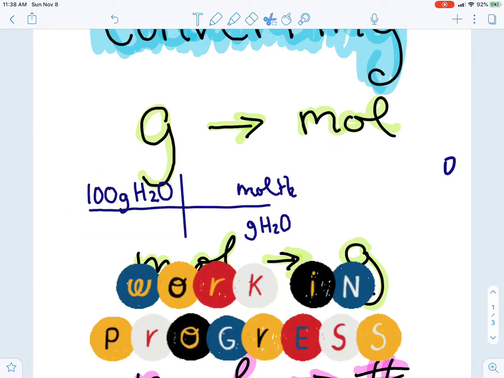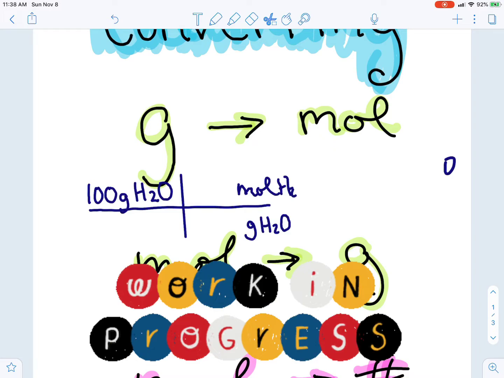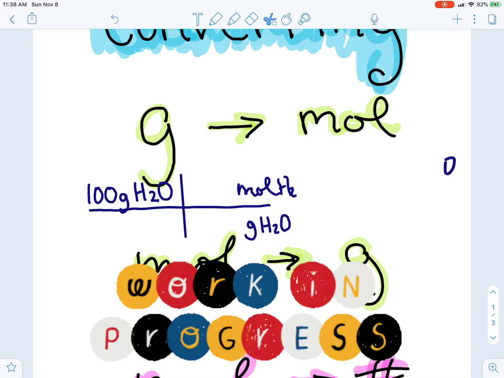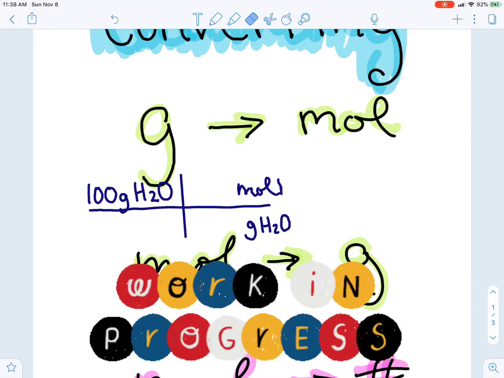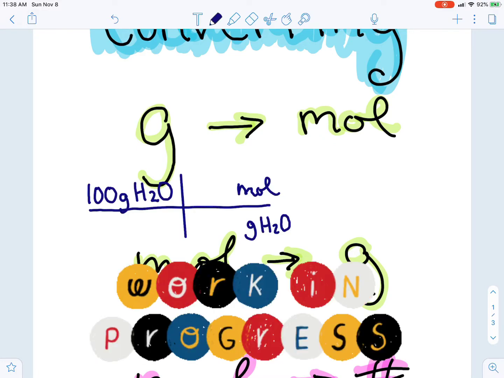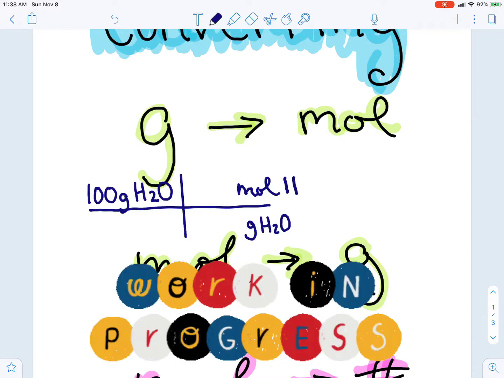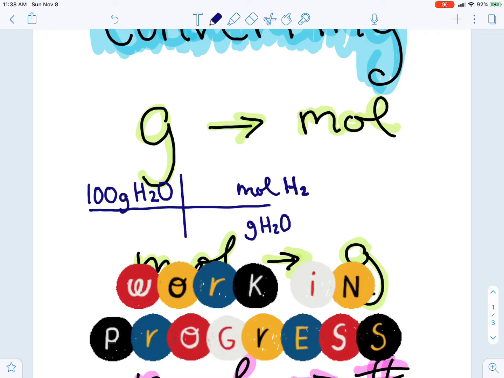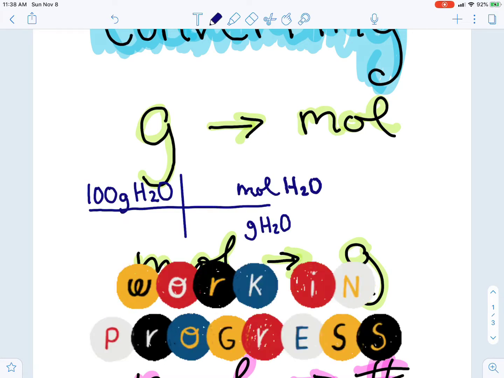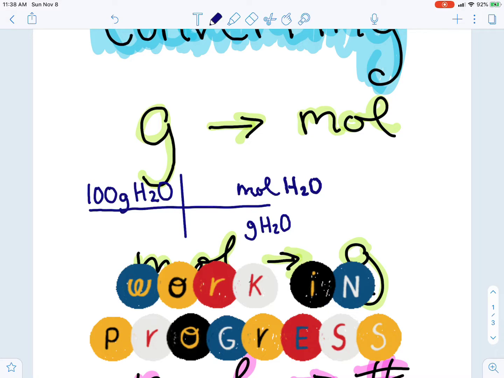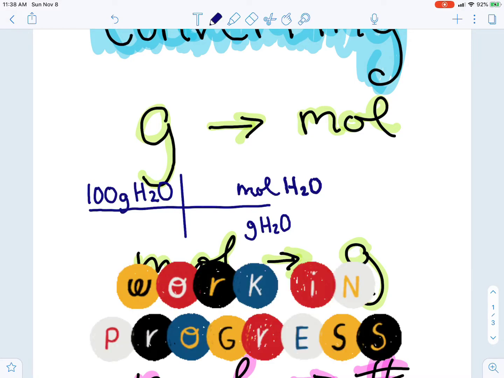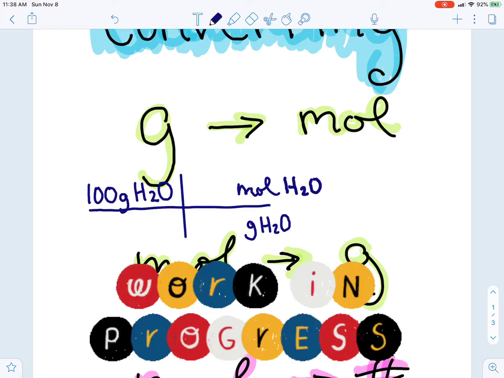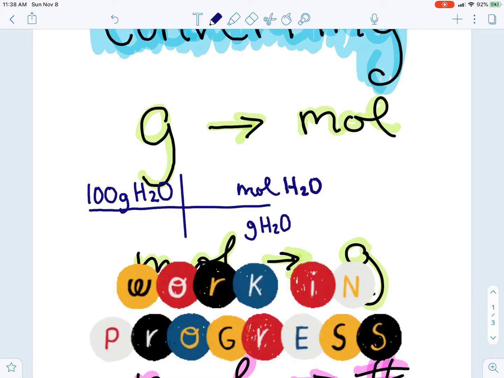Okay, so we need the moles and the grams to be equivalent amounts. So how are we going to do that? You have to ask yourself, how many grams are in a mole? Or how many moles are in a gram? And then you think, what is a mole? And then you say, oh yeah, Mr. Arnold said you just change the label to grams.